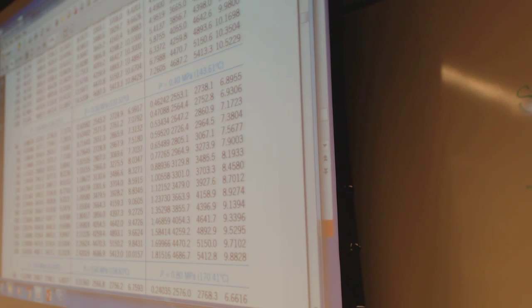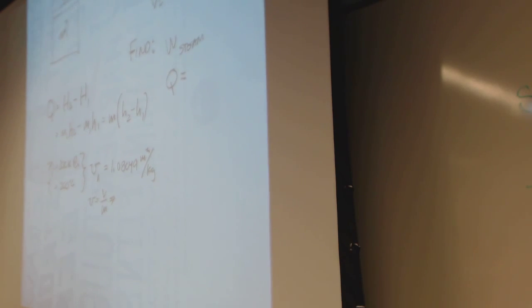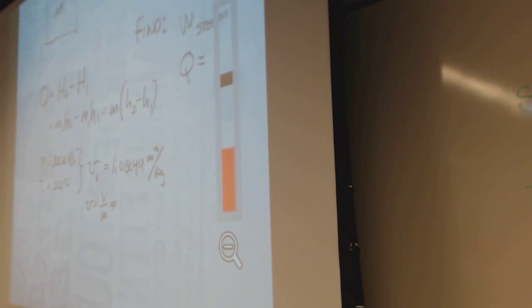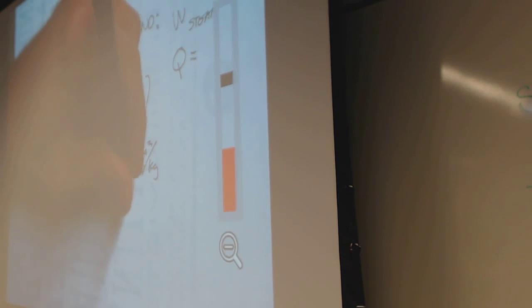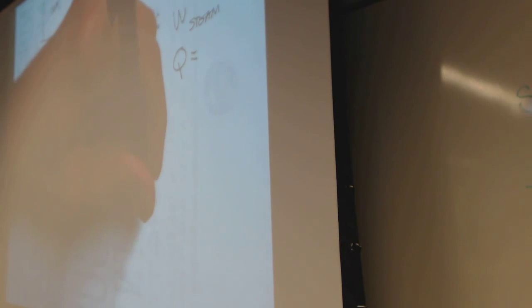And they give us total volumes. Specific volume, just looking at units, is going to be total volume over mass, which means if I solve that for mass, my mass is going to equal total volume divided by specific volume.